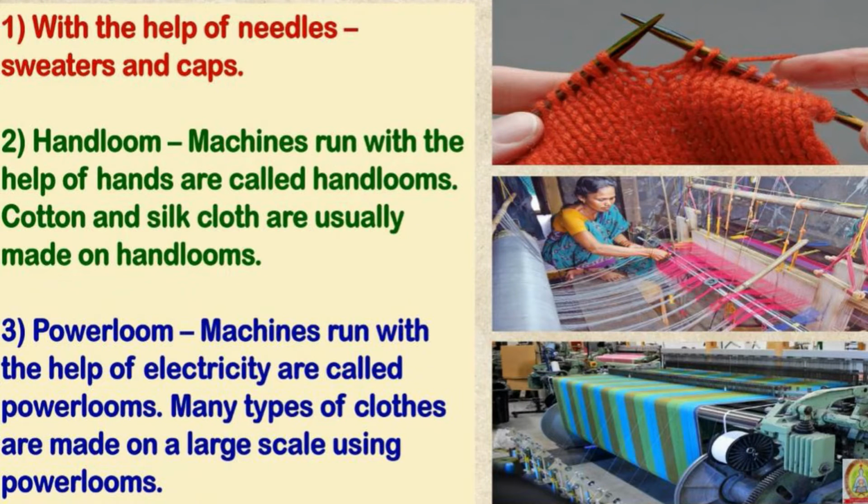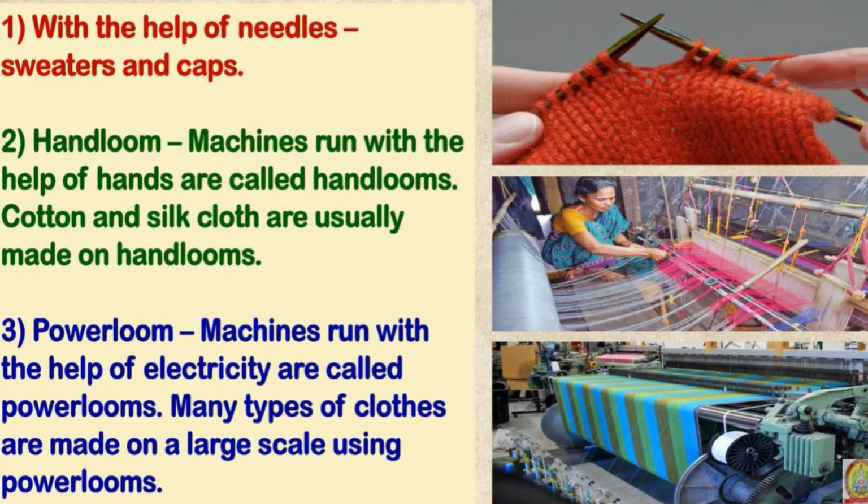Second, hand loom. Machines run with the help of hands are called hand looms. Cotton and silk cloth are usually made on hand looms. Third, power looms.